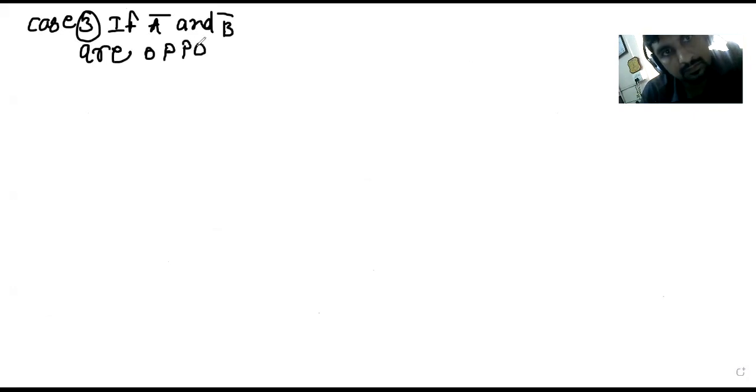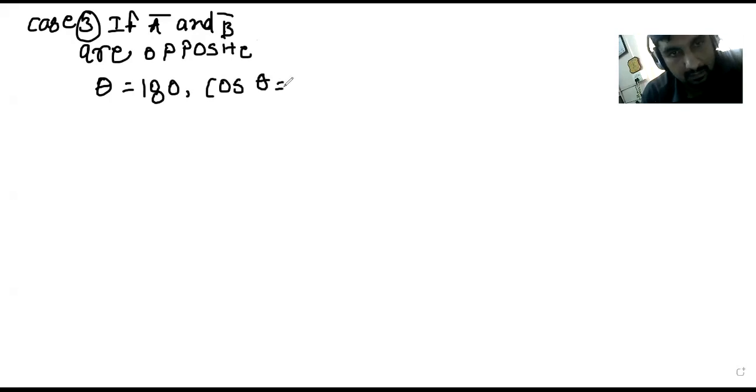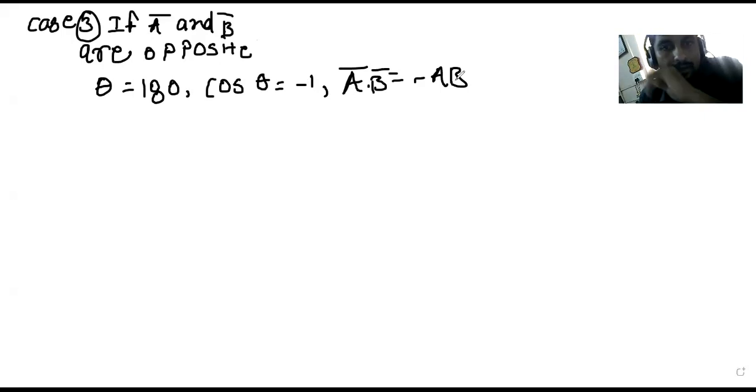So what is the value of theta? 180, correct. Theta is equal to 180. So what is the value of cos theta? -1. So what is the value of A bar dot B bar? Minus AB. Correct. See, these are the properties. In fact, I'm writing different cases, different properties of dot product.